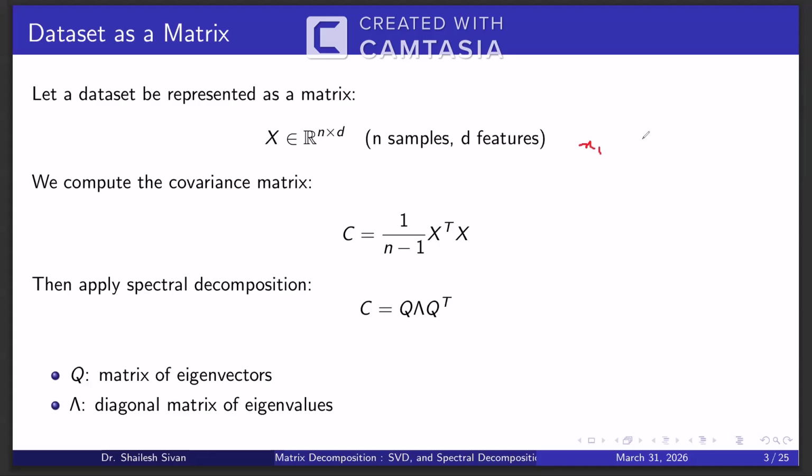So if we have x1 and x2, where 1, 2, 3, 4, 5 is the data and 1, 2, 3, 4, 5 is the data, then the covariance will be 1, because they have a very similar behavior, right?